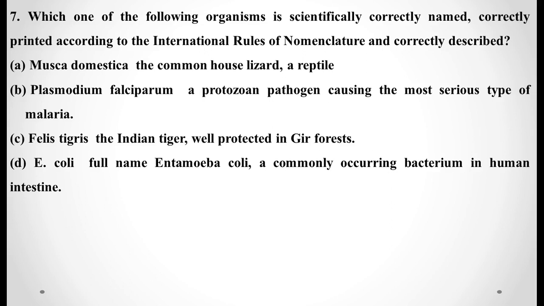The second option is Plasmodium falciparum, a protozoan pathogen causing the most serious type of malaria. Third says Felis tigris, the Indian tiger, well protected in Gir forest. And the fourth one is E. coli, full name Entamoeba coli, a commonly occurring bacterium in the human intestine.